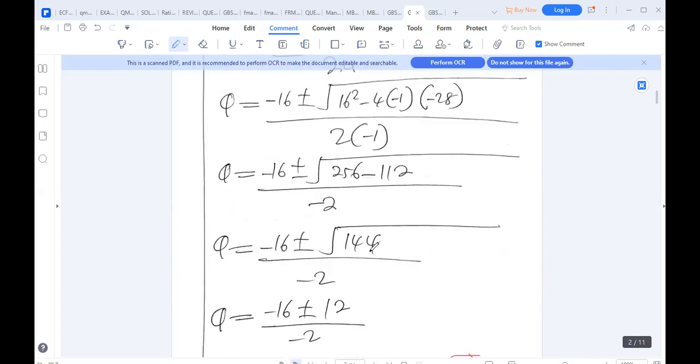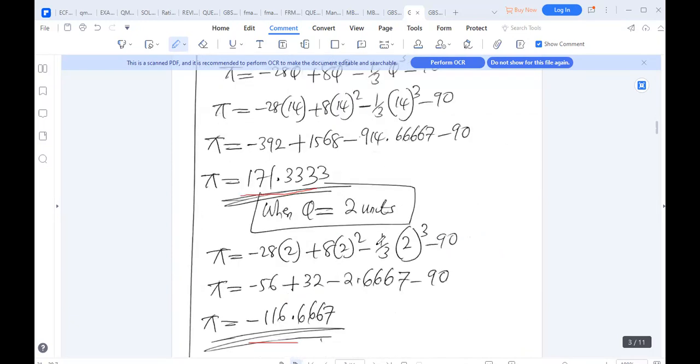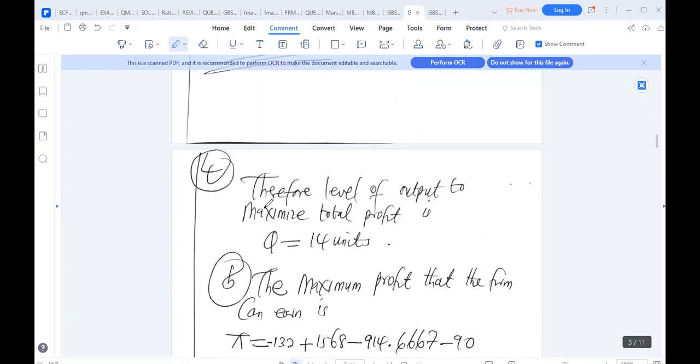So we find 14. So 14 is then the quantity or the output that will maximize your what? Your revenue. Not your revenue, your profit. All right. So going down there, after you find that, they'll ask you now, therefore, find your maximum level of output, your maximum level of profit.